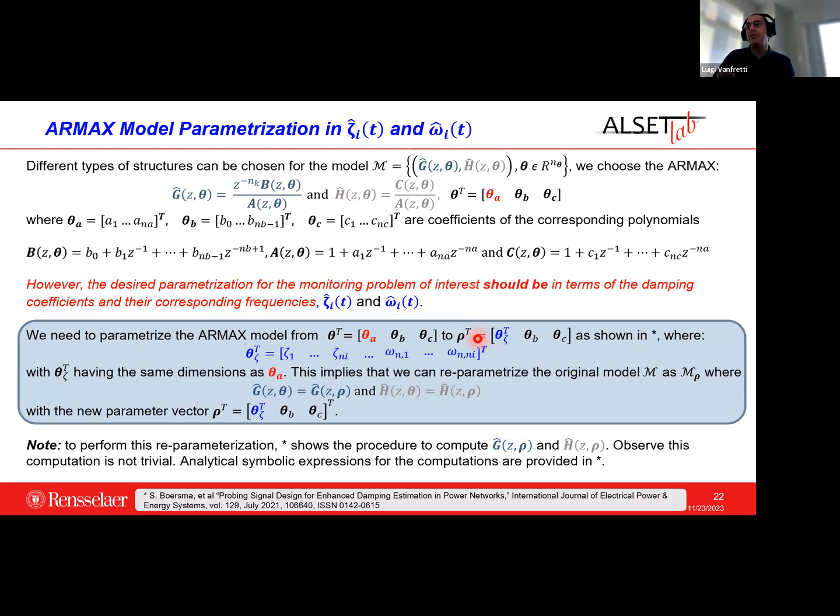Now, to do it, you need to do the parameterization. Instead of G hat Z theta, you have to do G hat Z rho. I forgot the symbol, is it beta? Rho.